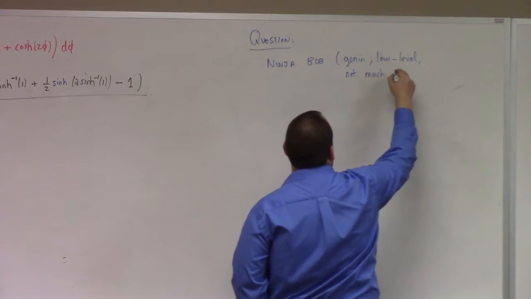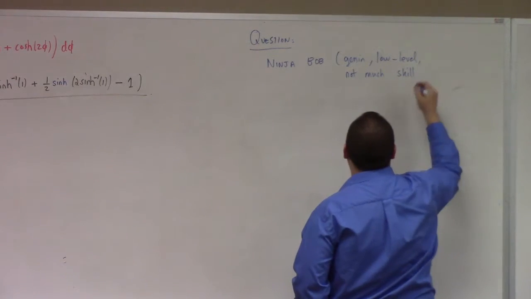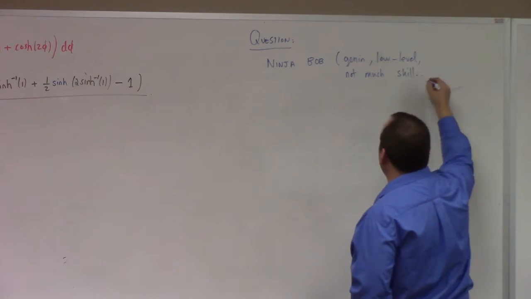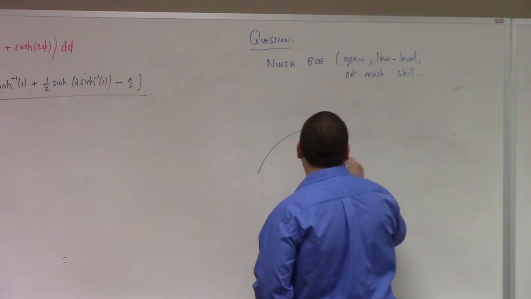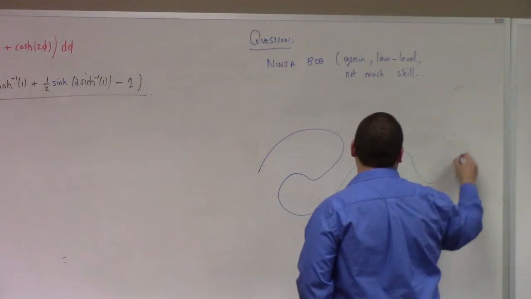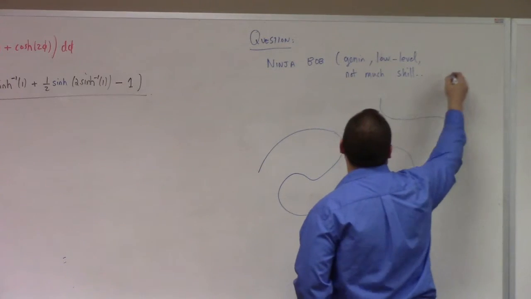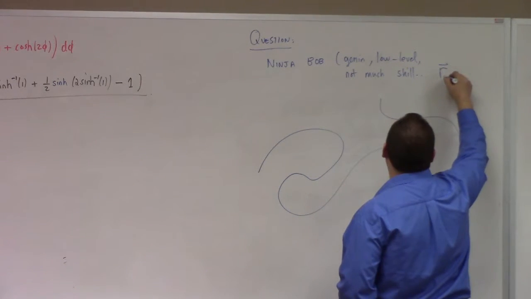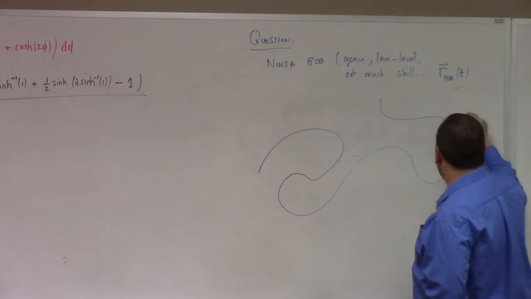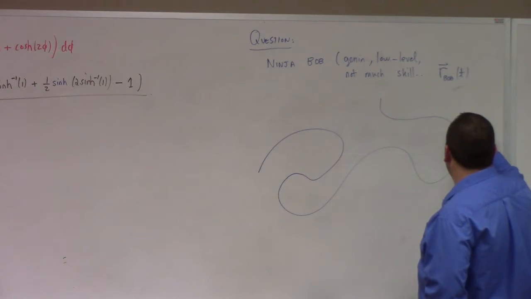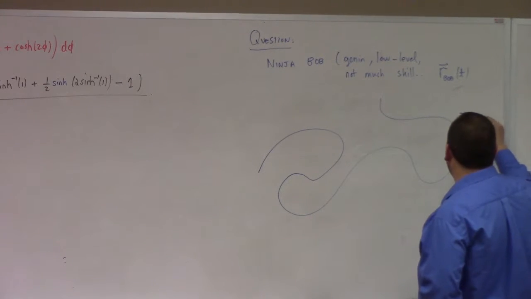He really doesn't know much in the way of ninja arts. And so you imagine Ninja Bob is going along some path, like this. And so we could say r of Bob of t is where Ninja Bob is at time t.